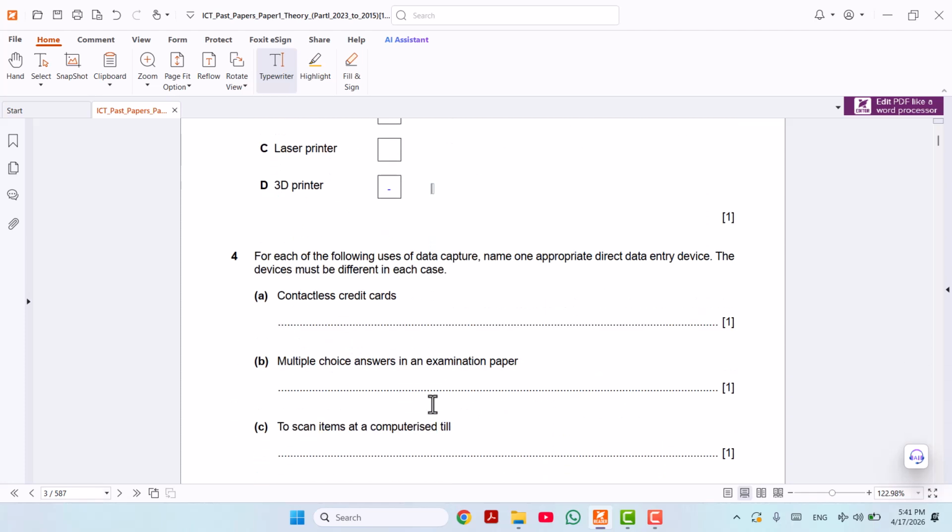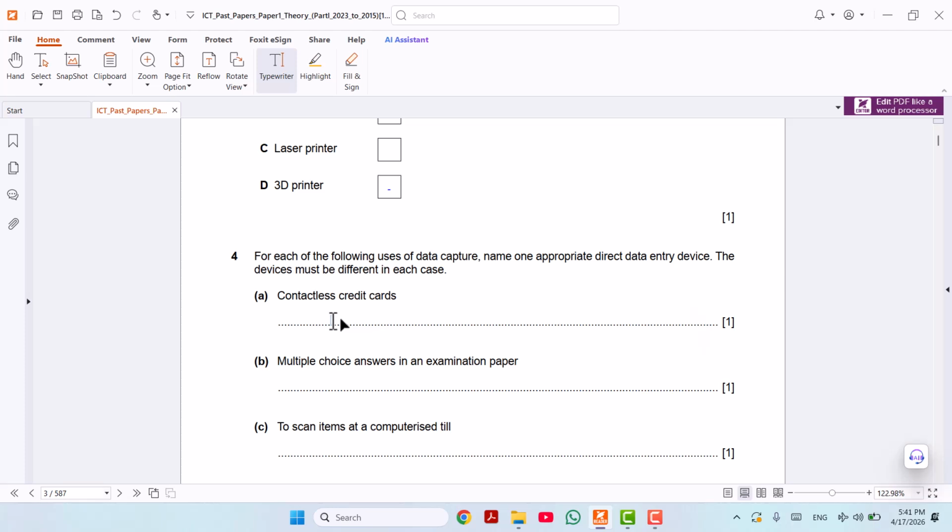After this, for each one of the following uses of data capture, name an appropriate direct data entry (DDE) device. Remember, direct data entry is DDE. The device must be different in each case. First, contactless credit card: which device can I use for a contactless credit card?